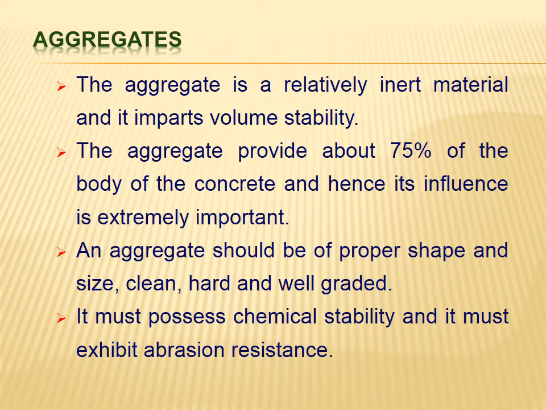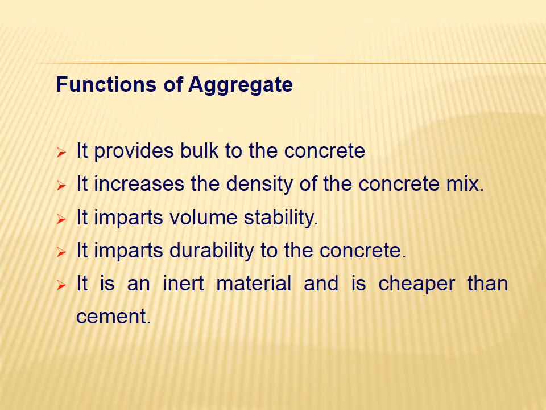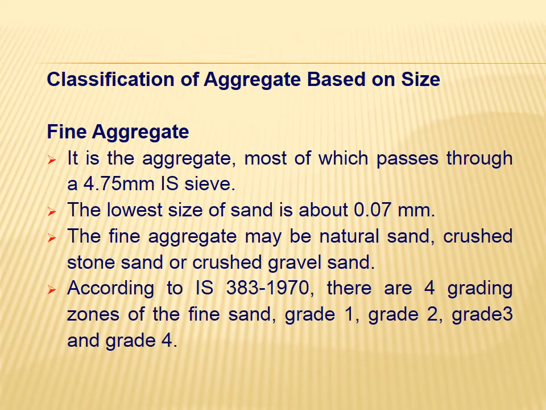Then we discussed the aggregates. They provide bulk to the concrete. They impart volume stability and durability. Classification based on size: it is classified into fine aggregate and coarse aggregate.